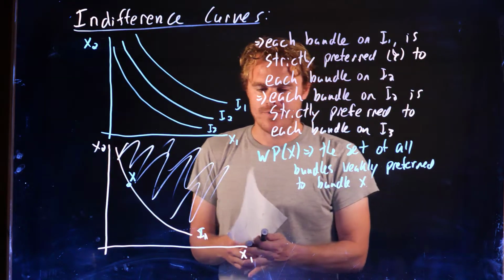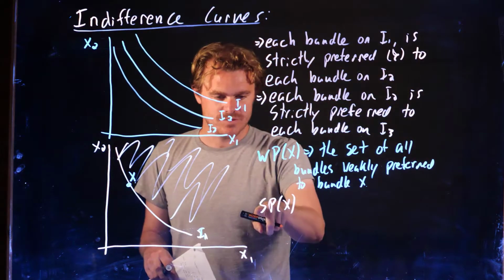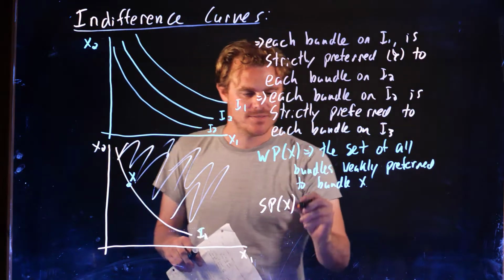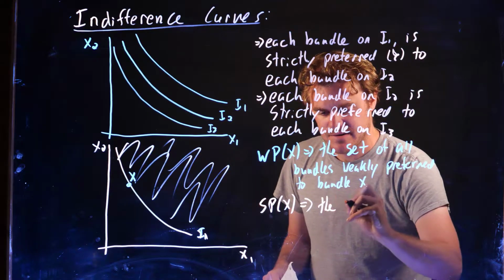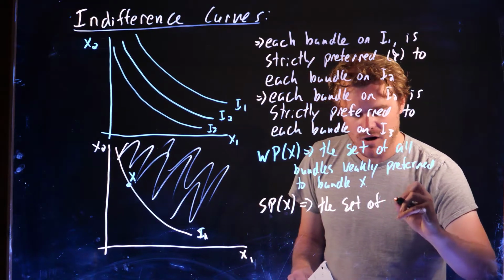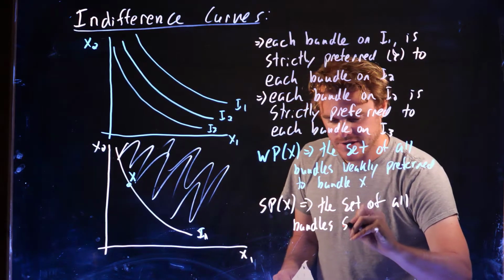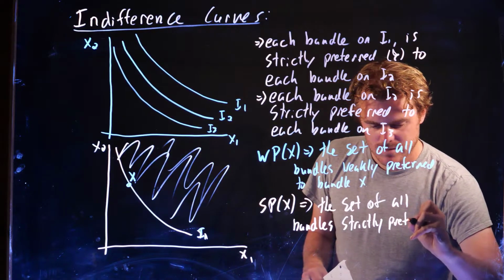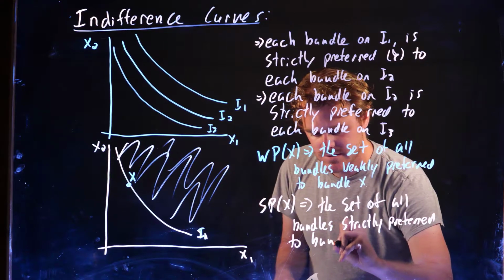Now strictly preferred, SP of x, the strictly preferred set of this bundle x is the set of all bundles strictly preferred to bundle x.